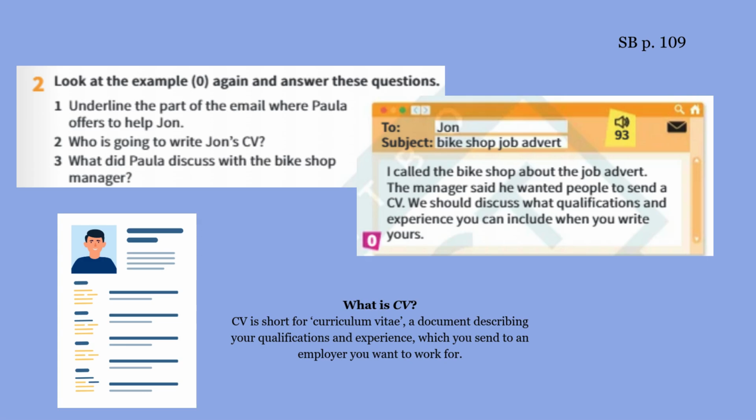But first of all, let's mention what CV is. CV is short for Curriculum Vitae, a document describing your qualifications and experience which you send to an employer you want to work for. Now pause the video and answer the questions.